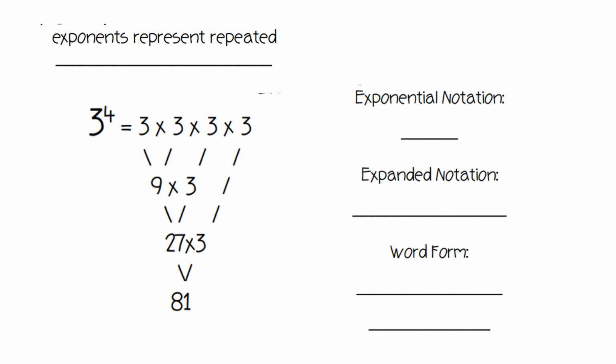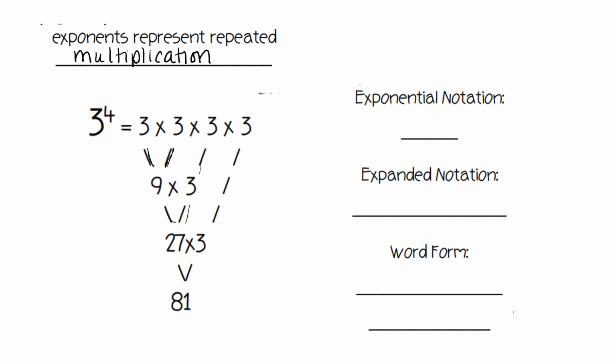Exponents are really repeated multiplication. So 3 to the 4th power is 3 times 3 times 3 times 3. If you take these two and multiply them together, you have 9 times 3, 27, add another 3, 27 times 3, and then 81.